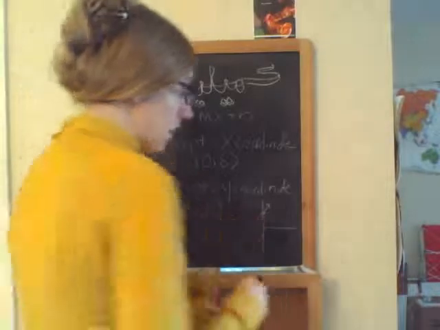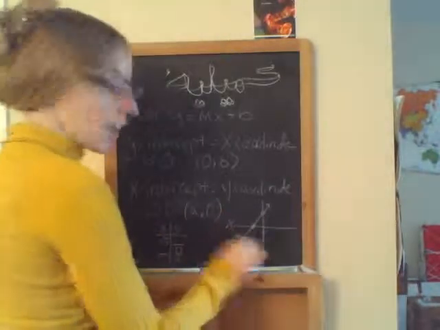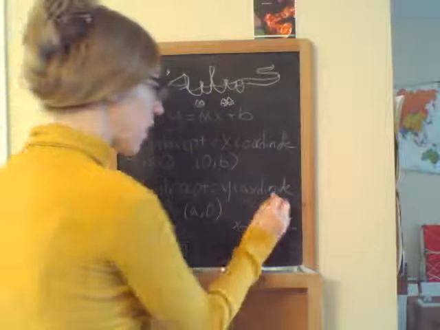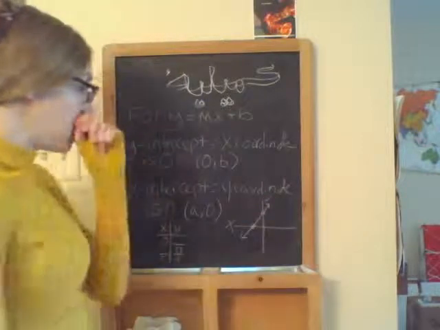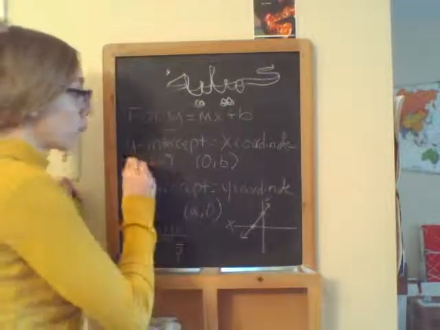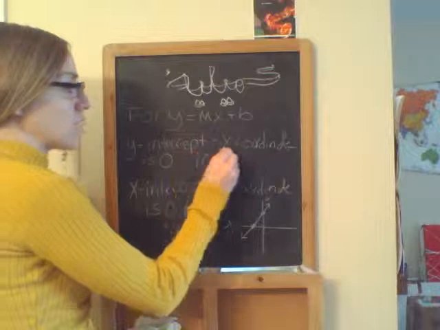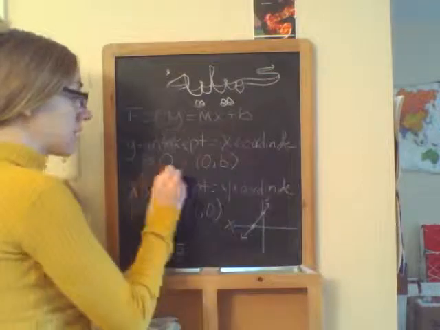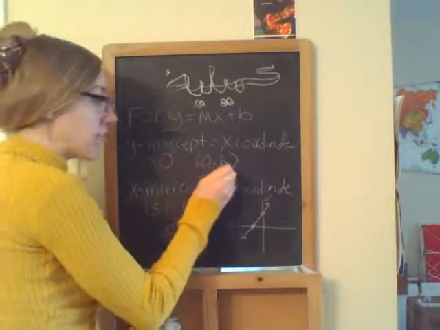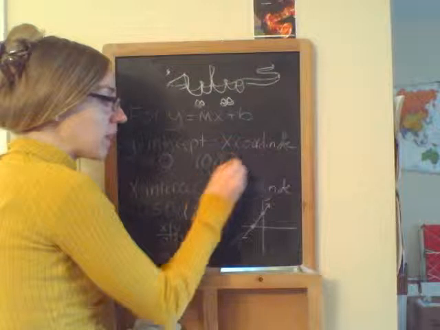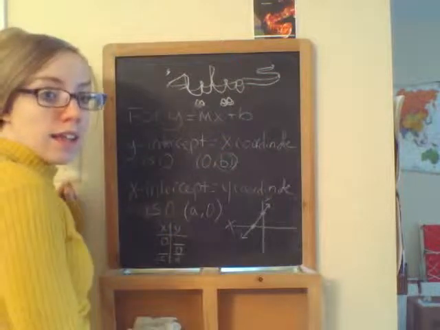Remember, this here is our x-axis and this is our y-axis. As you'll see, our y-intercept is when the x-coordinate is 0. So we'll have 0 and then a number, because this number falls on the y-axis here.